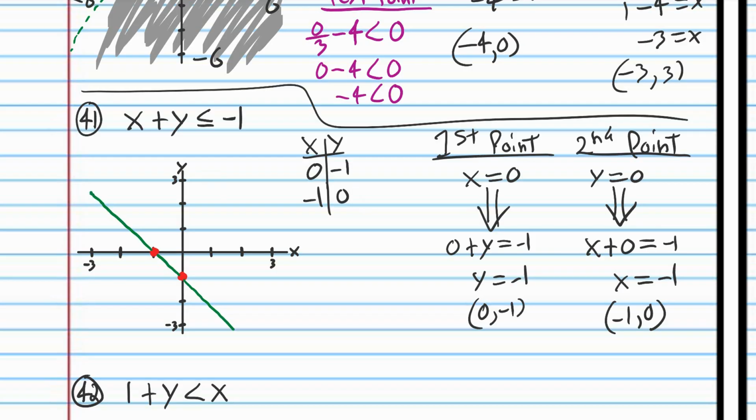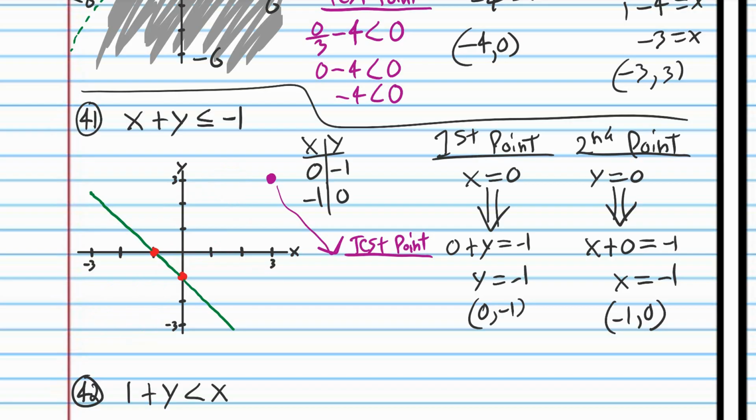All right, so now we have to do a test point. So I'm going to test something all the way over here. So now we test. We're just trying to figure out, do we shade on this side or on this side? That's what we're using the purple dot for.